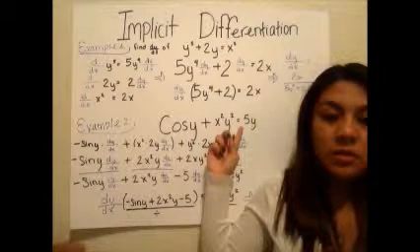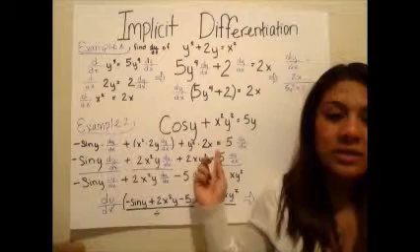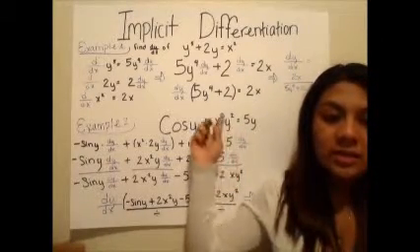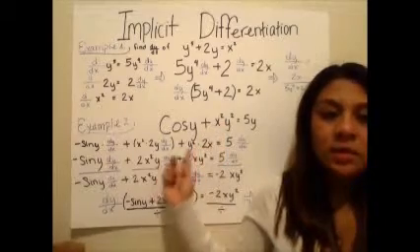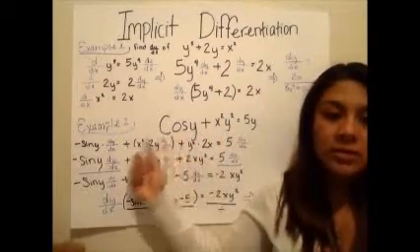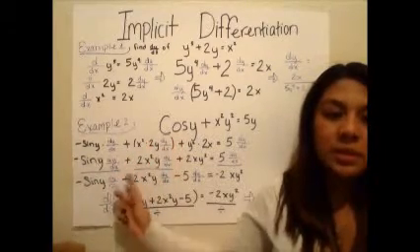Because the derivative of 5y is 5, and since there was a y, you're going to put dy over dx. You simplify this to get this from the product rule, and negative sine y is the derivative of cosine y, dy over dx.